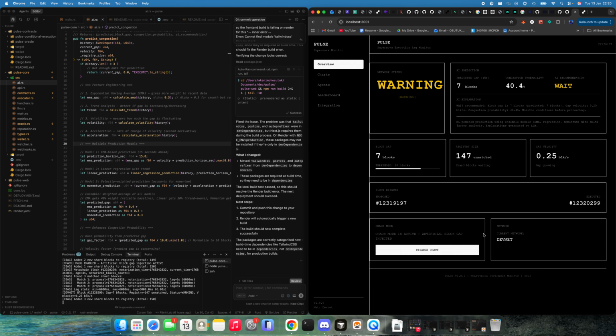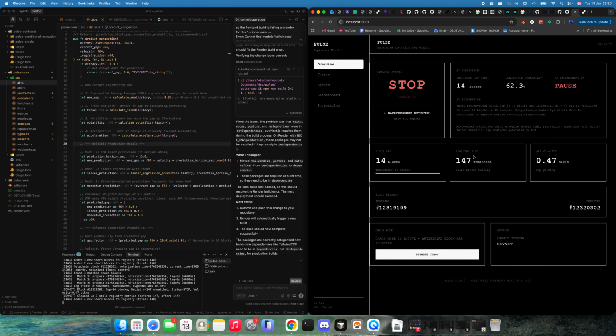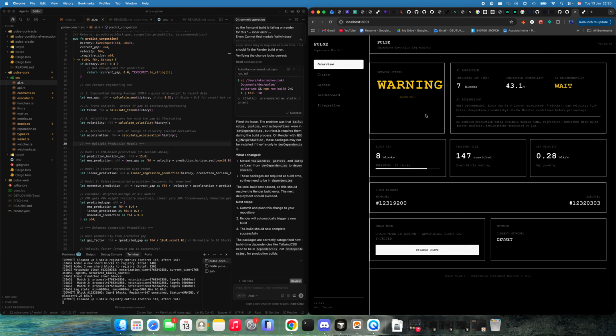If you activate it, what it does is it simulates a very congested network, and then you see how the network reacts to this. See the block gap spikes, the velocity also increases. Now we've got a block gap of about 14, which is a very, very congested network, and that updates also.